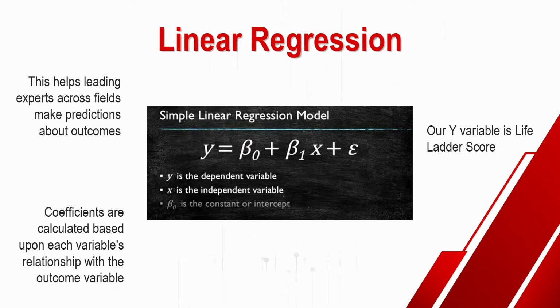X is our independent variables, which may or may not have correlations with each other, but they should have correlations with our y variable. And then B0 and B1 are constants, and they are coefficients of our independent variables that will help predict our y variable, our dependent variable.